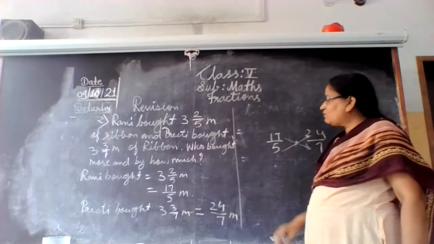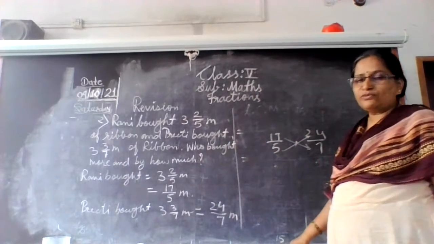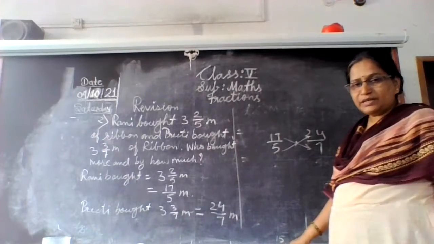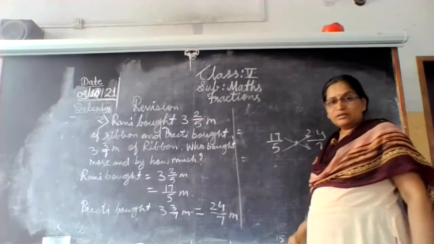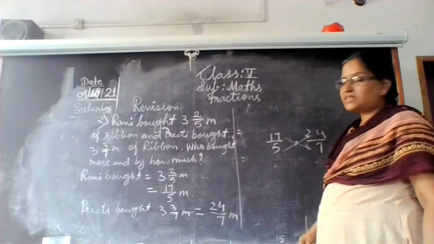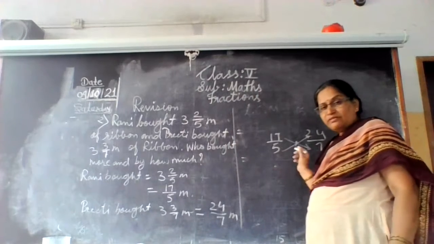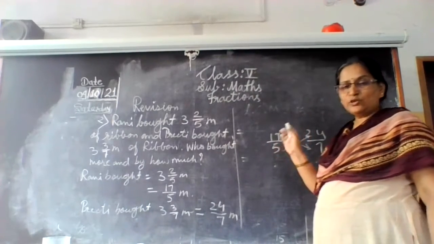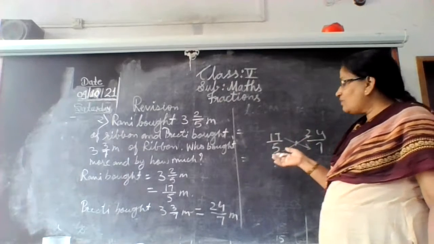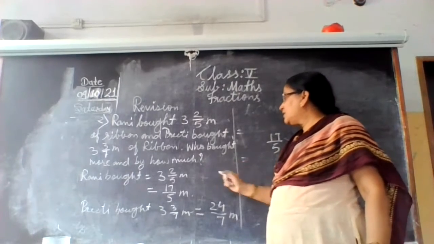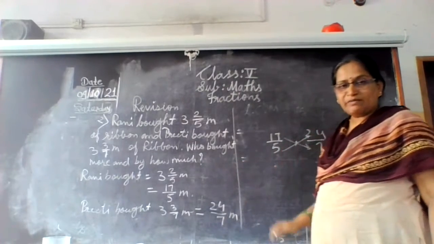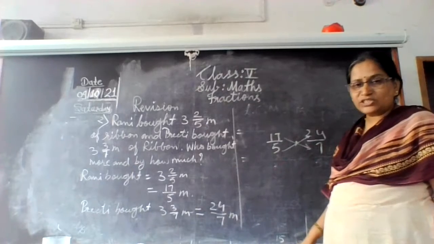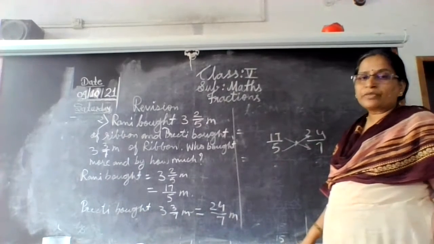But we have to find how much, means we have to find the lowest common multiple. One more method to compare the fractions is to make the fractions like and compare their numerators. Greater the numerator, greater the fraction. So we have to find the lowest common multiple.